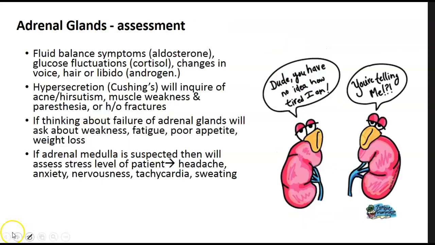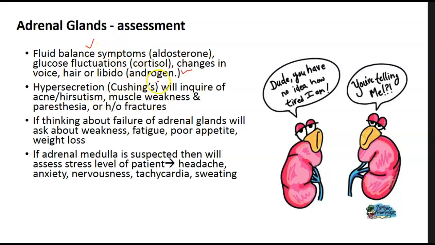Adrenal glands are responsible for fluid balance because you have your aldosterone, and glucose fluctuations with cortisol, and changes in hair, voice, and libido because of the androgens. So there's a lot of things that those little glands do that sit on top of your kidneys.